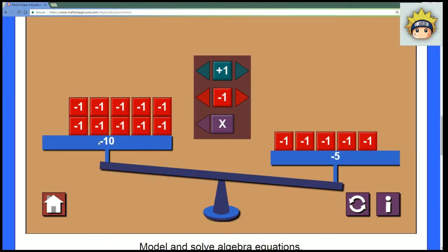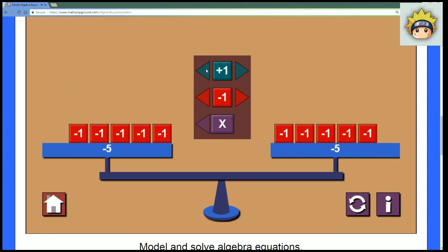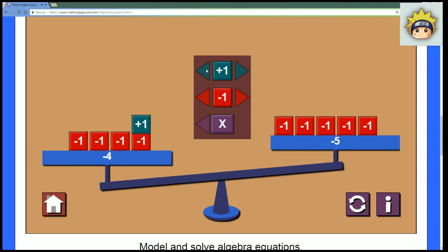So negative 10 divided by 5 becomes negative 2. And negative 5 divided by 5 is negative 1.